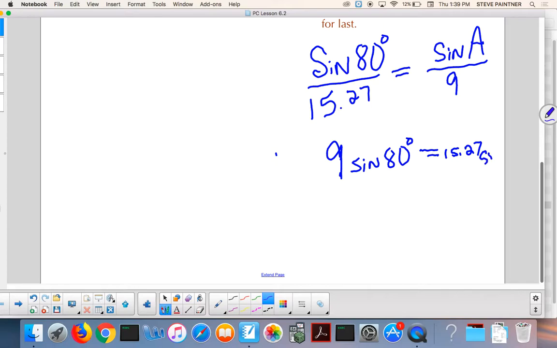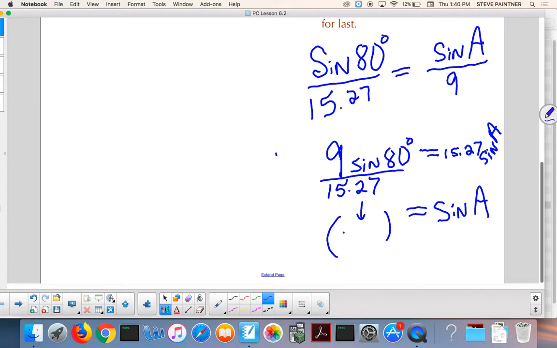Sine of A. Okay. Do what to both sides? Divide by 15.27.